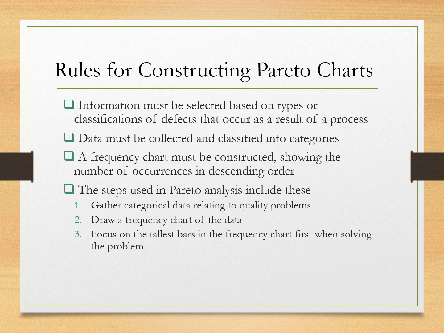And there are several analysis steps involved. By getting those data, we draw the chart with cumulative line and focus on the tallest bar first. Often the first 2 or 3 categories account for most problems, and we want to fix those and solve the majority of the problem.